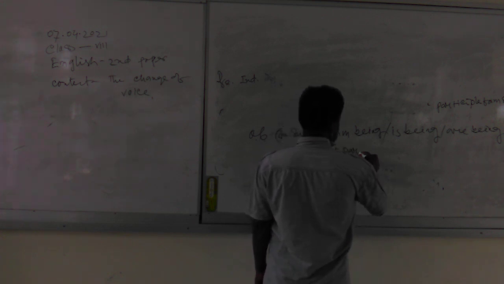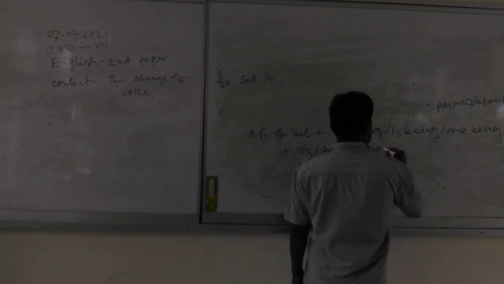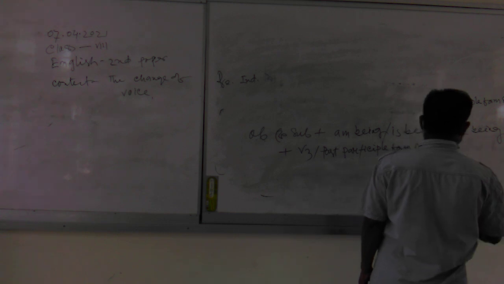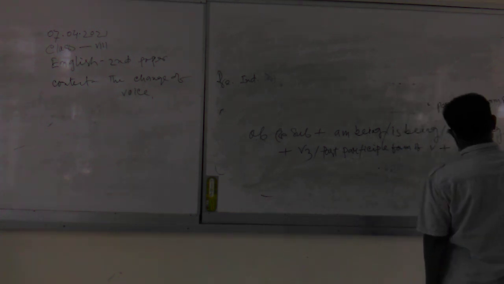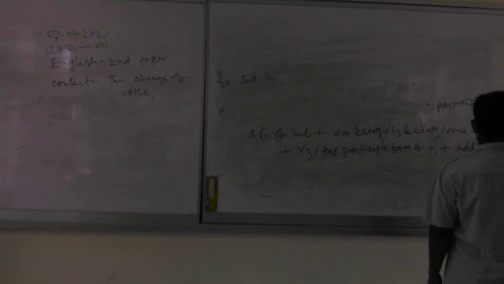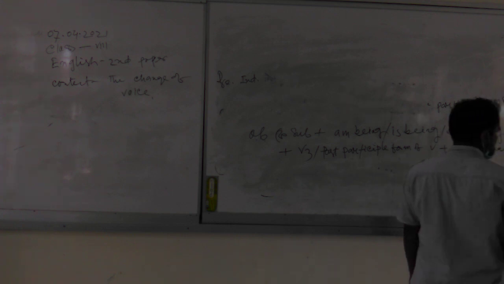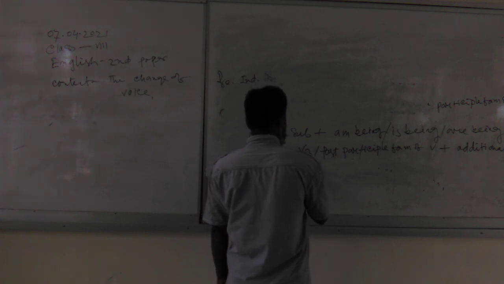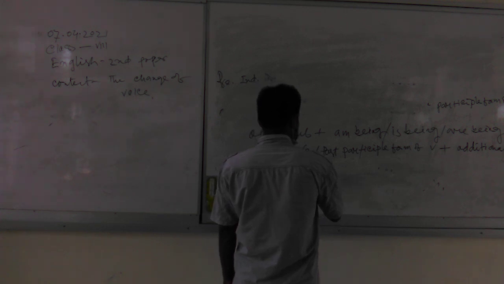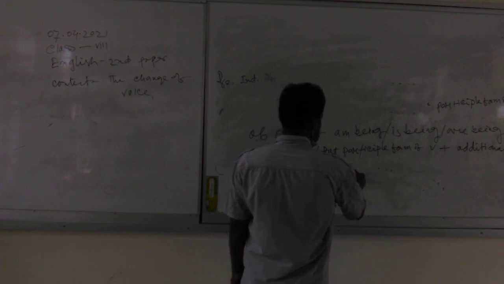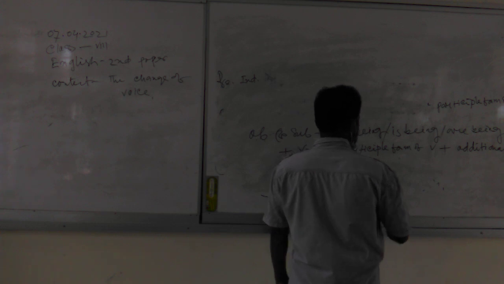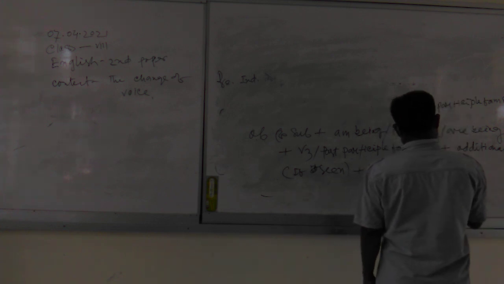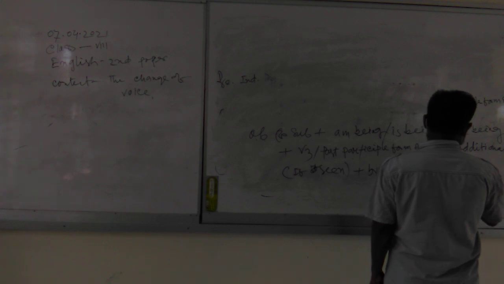Past participle form of verb plus additional word if it is found in the sentence, plus by, plus the subject will be the object.